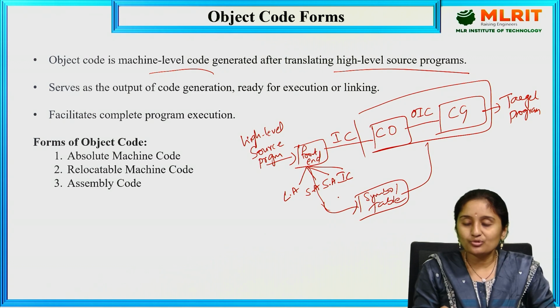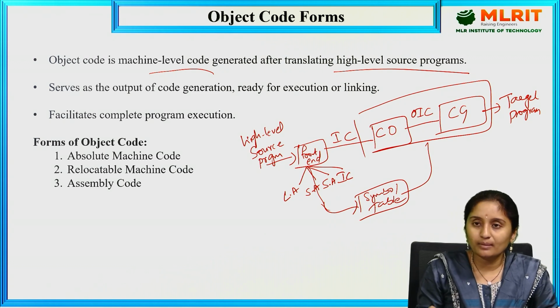The front end stores all the data in the symbol table, like token, data type, what type of variable it is, and its address. The back end uses the information stored in the symbol table by the front end. That will be used by the code generator and the code optimizer to generate the target program.